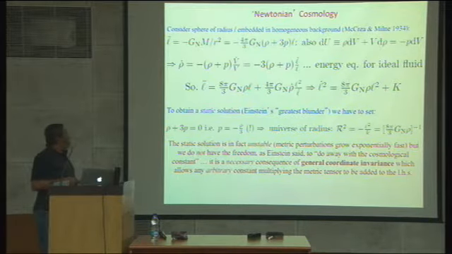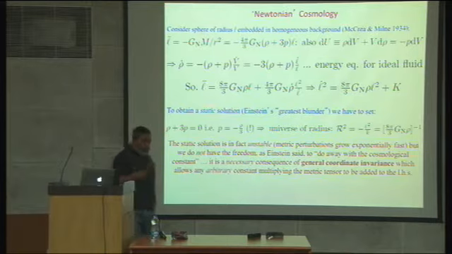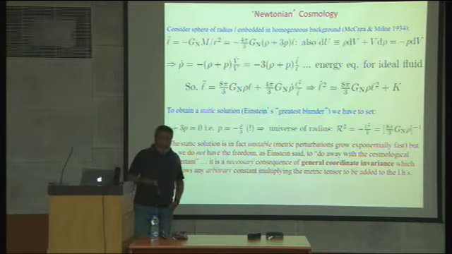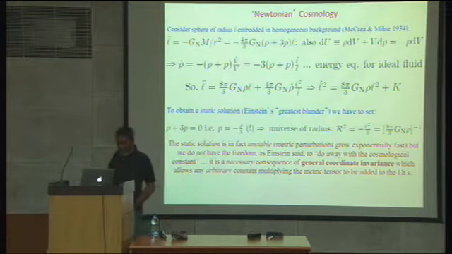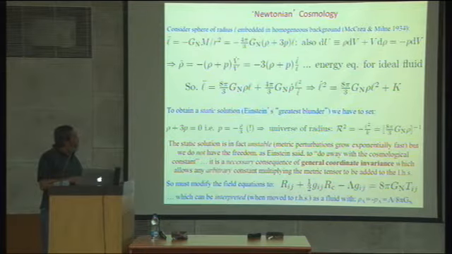But in fact, Einstein recognized that this cosmological constant, as he put it, is in fact not something that he can actually get away with, because it is a consequence of the general coordinate invariance that actually underlies general relativity. So in fact, you have to admit the possibility that any term can be added to that equation which I had in the previous slide, which is proportional to the metric, and this thing is called the cosmological constant, right?